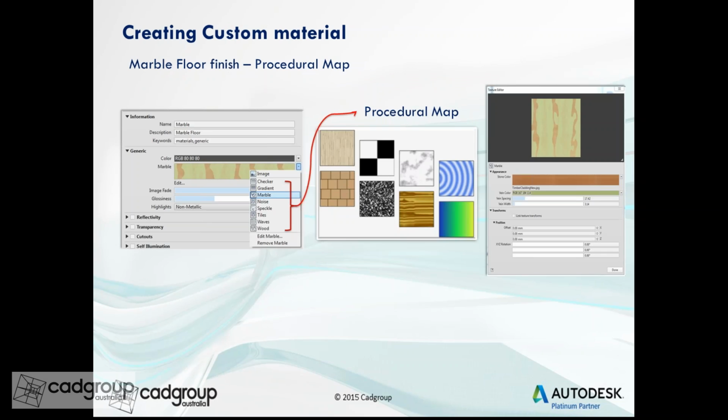Now, a lot of users, if you have used 3ds Max in the past couple of years, may know some of the map types available in the materials. This is a similar concept that Revit has as well, and we can take advantage of it.